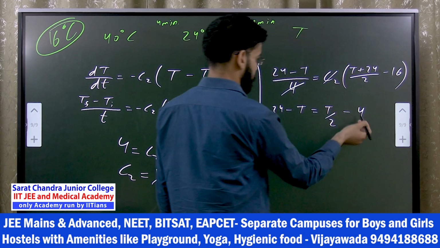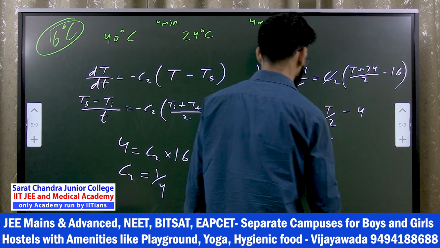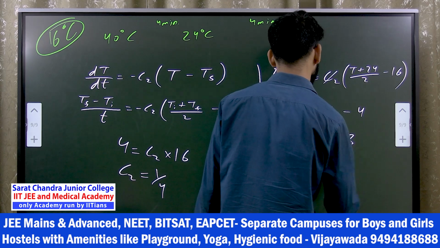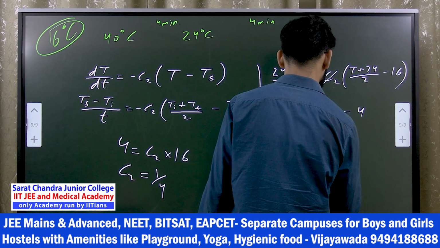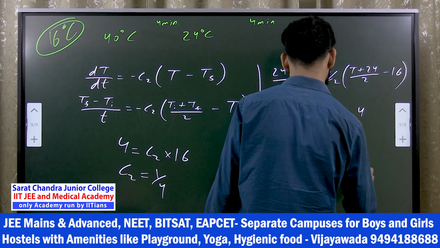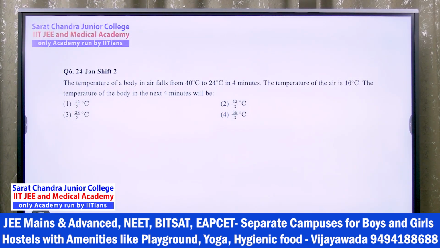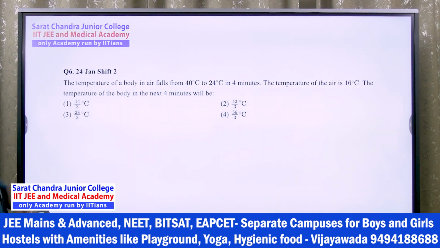Take T to that side: T times 3 by 2 is 24 plus 4, 28, right? So T is how much? 56 by 3 degrees centigrade. We have the fourth option. So sixth question, fourth option. How did we do it?